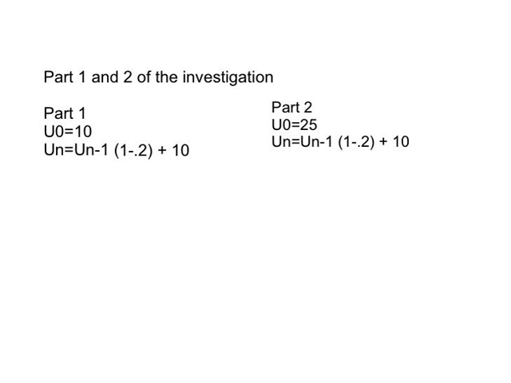So you notice that I have u sub 0 is equal to 10. The recursive rule is u sub n equals u sub n minus 1 times 1 minus 0.2, because the taker takes away 20%. And the giver gives back 10. So that's why I added 10.